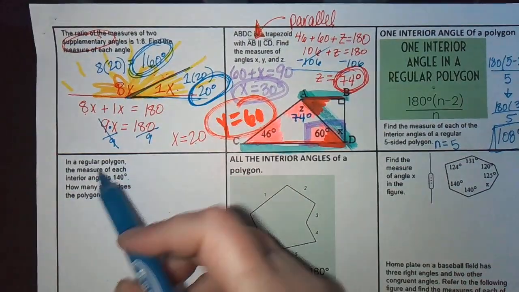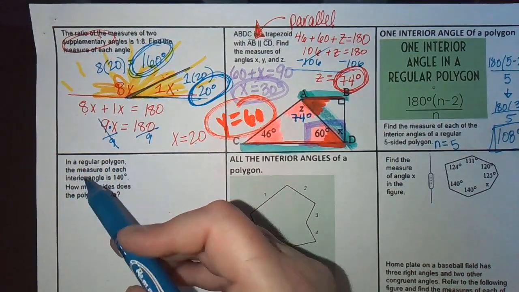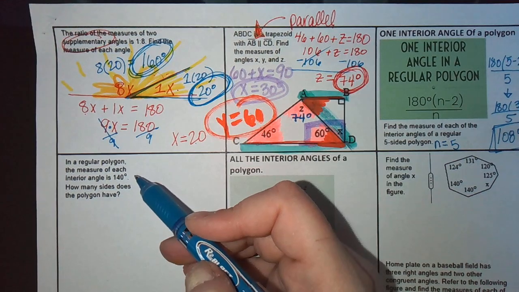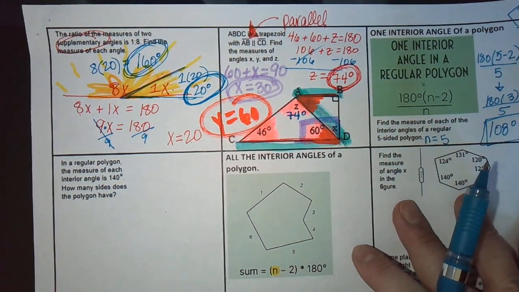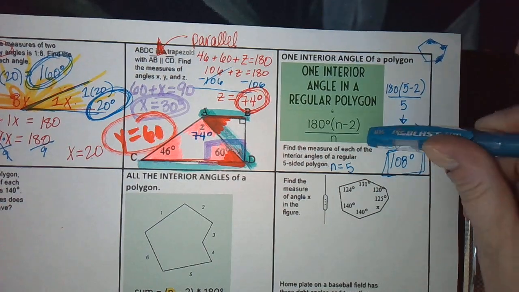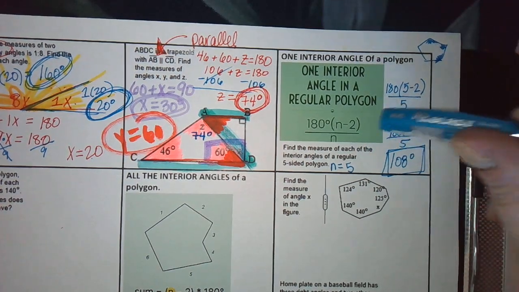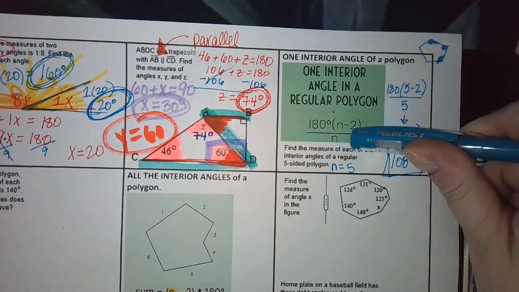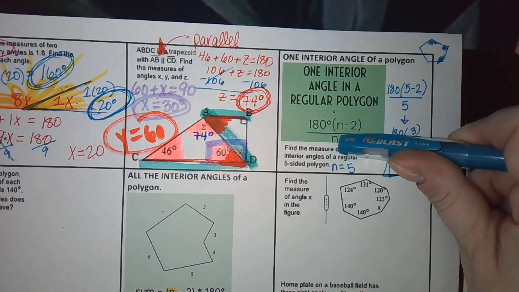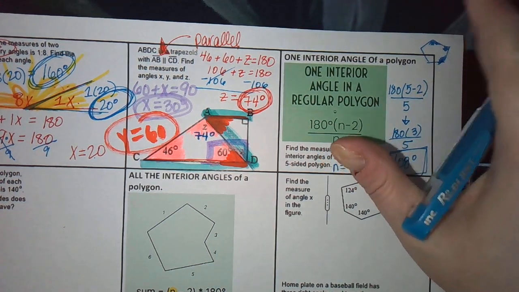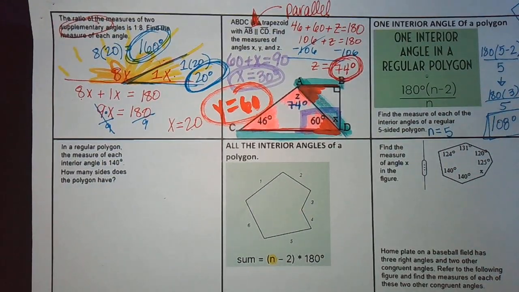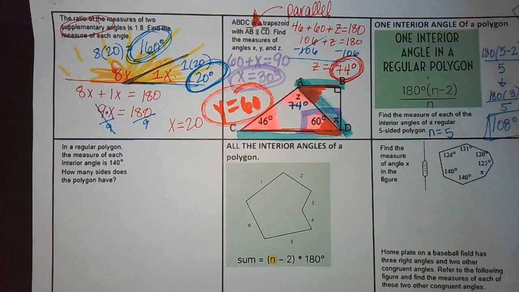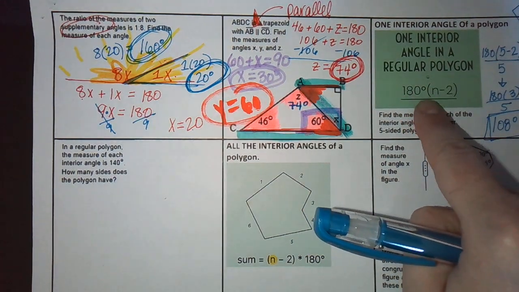Okay, let's keep going. This one says in a regular polygon, the measure of each angle is 140. How many sides do we have? So we're going backwards of this. Well, to go backwards, we're not quite going to use this formula.